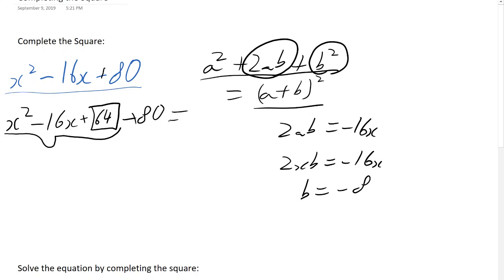Now that we have these three terms, we're adding 64, so we also need to make it an equation and add 64 to the other side. Now what we can do is simplify this into a squared binomial, which would be x minus 8 squared.